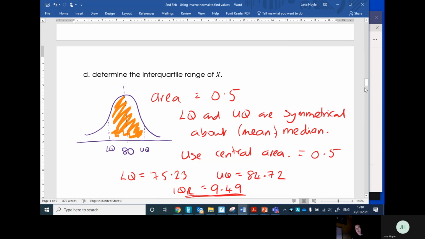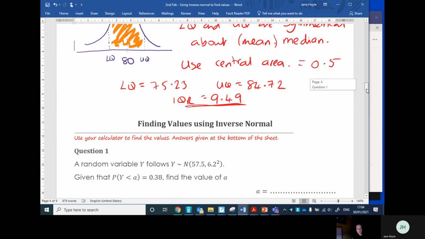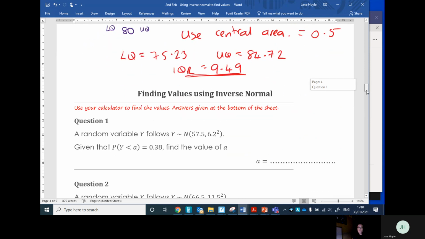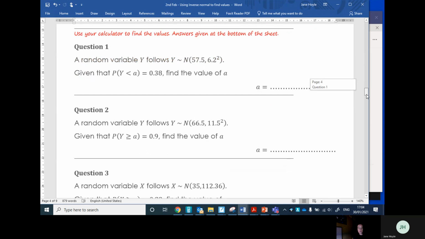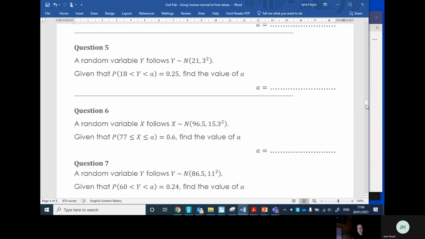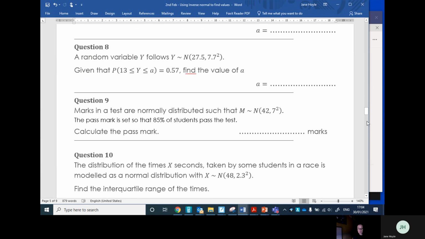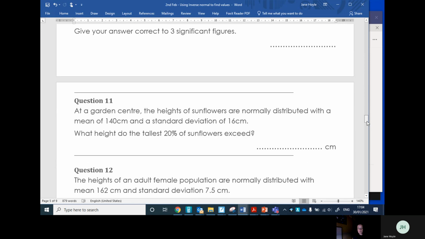Okay, so for the rest of this session, and also to finish off the homework, inverse normal questions. There are 12 questions there, but most of them are just a single type in your calculator. However, there are some that have got those in between bits.